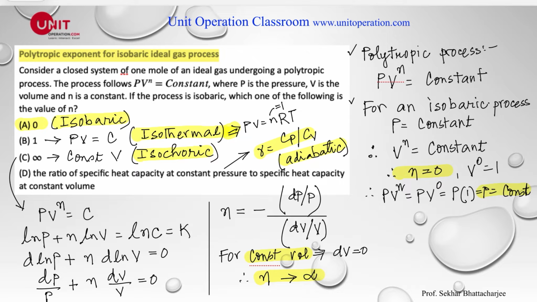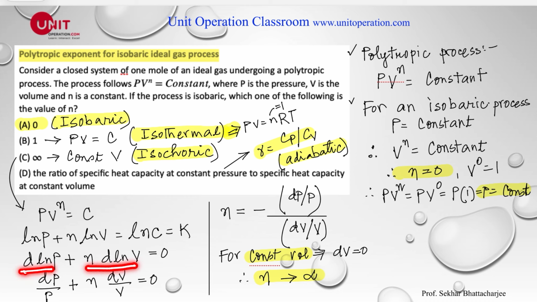For a constant volume process, which is called an isochoric process, let's look at it. This one, PV raised to the power n is equal to C. If you take the natural log on both sides, natural log of P plus n natural log of V is equal to natural log of C, which is a constant, another constant K. If we take the derivative on both sides, the derivative of a constant is equal to 0.